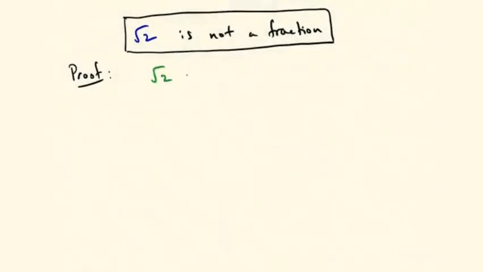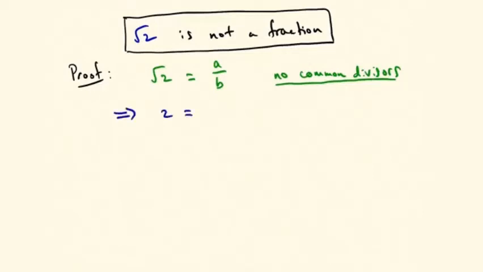Okay, so I'm going to suppose root 2 is a divided by b, where a and b are counting numbers or integers, and I can assume that we've cancelled off any common divisors in the numerator and the denominator, so that this is in reduced form, and that will turn out to be important. We will square both sides of this equation. On the left-hand side we get 2, on the right-hand side we get a squared divided by b squared.